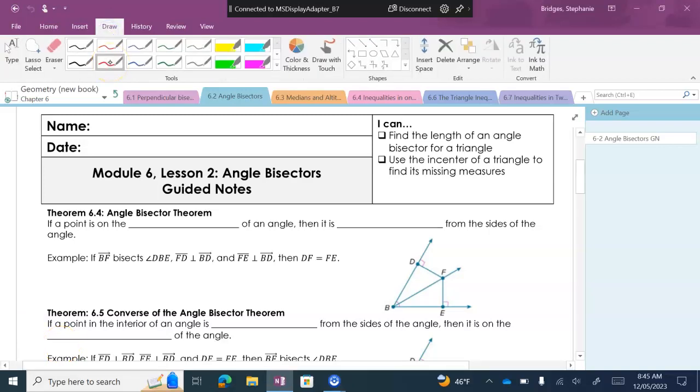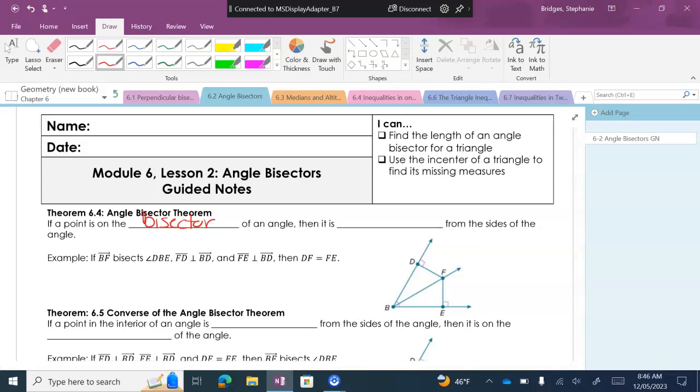All right, so the first one is the angle bisector theorem. And it says, if a point is on the bisector of an angle, okay, what does it mean to bisect something? Cut it in half, okay?